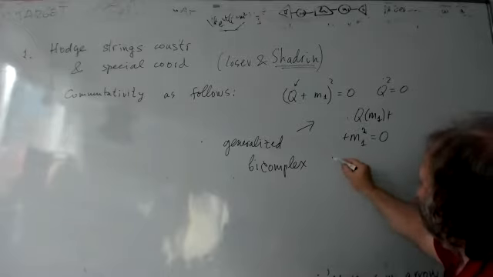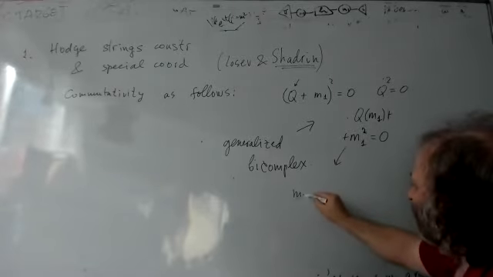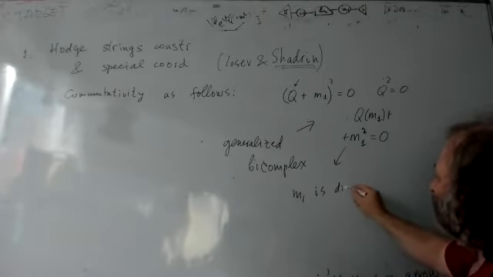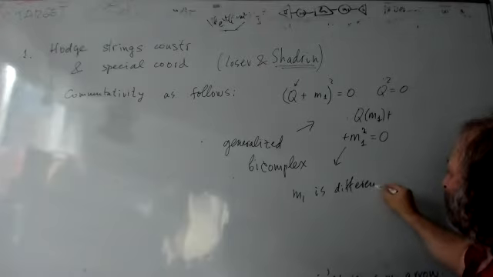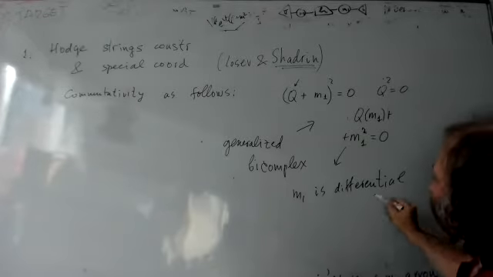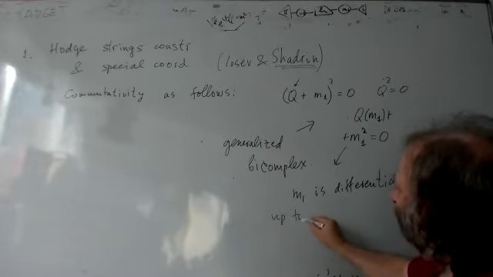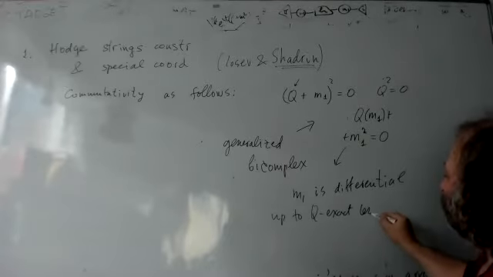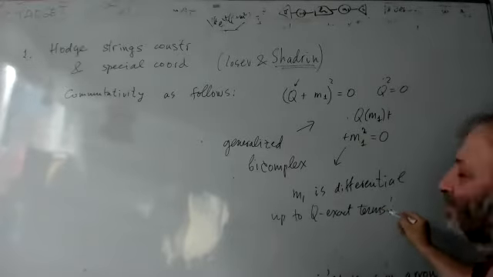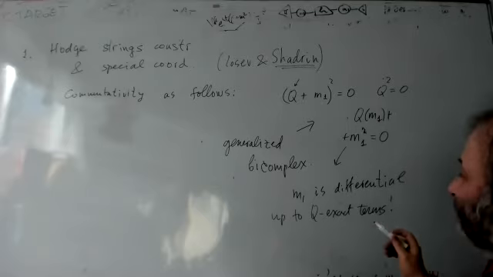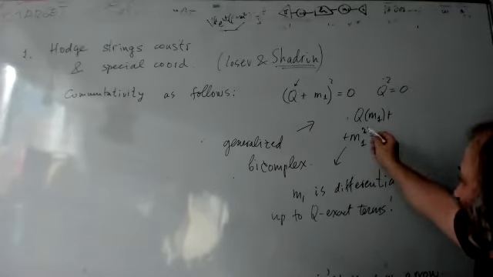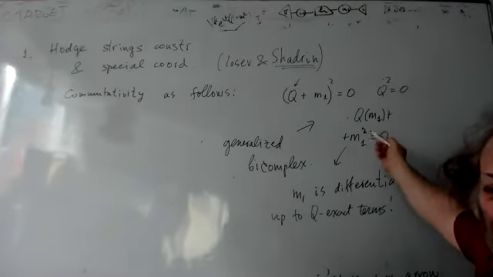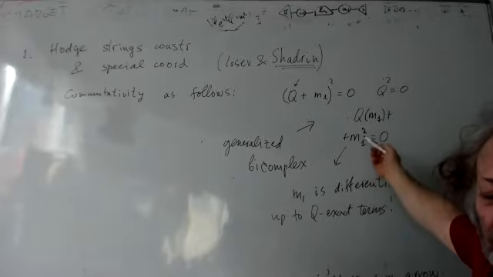It says that m1 is a differential up to Q-exact terms. m1 squared is homologically 0.